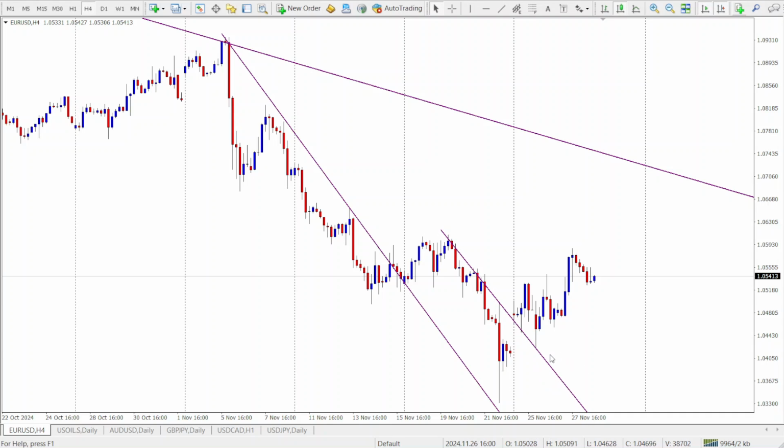This is showing that there is actually bearish pressure in the market. Looking from a wider view, you can see that the price is still creating lower highs and lower lows. So this is generally still a sell trend. That's at the start of the new week.